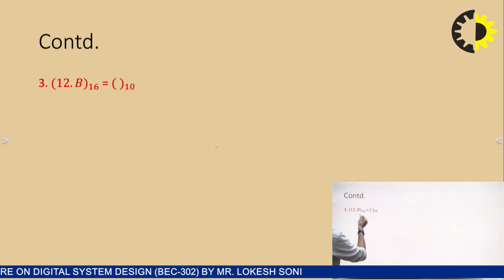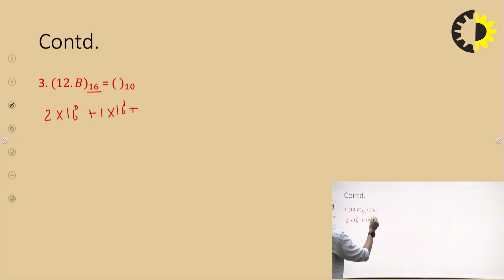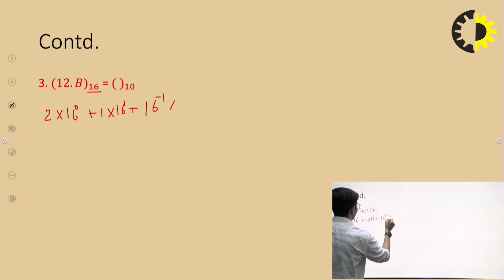Next, let's say we have a hexadecimal. Why is it hexadecimal? Because its base is 16. If we want to convert this hexadecimal into decimal, we again take 16 to the power of 0, plus 1 into 16 to the power of 1. After the decimal point, we have to take the negative powers, 16 to the power of minus 1 multiplied.